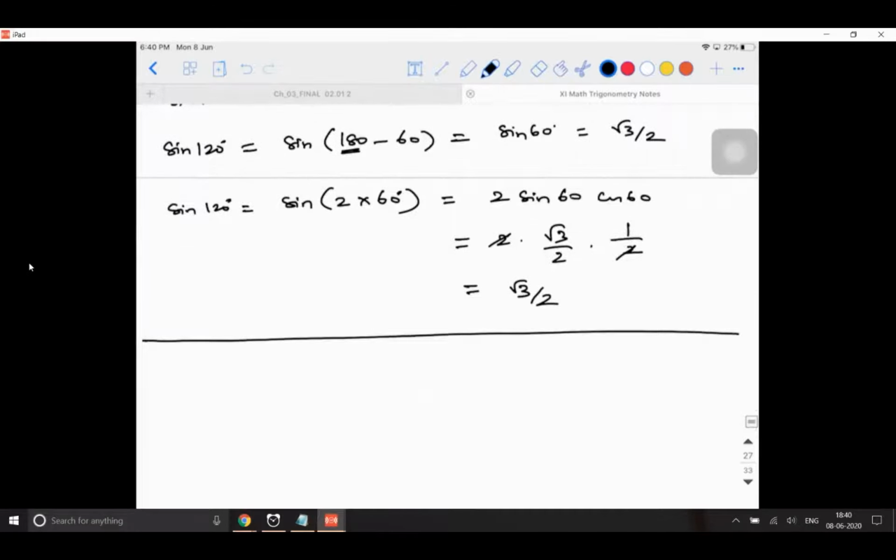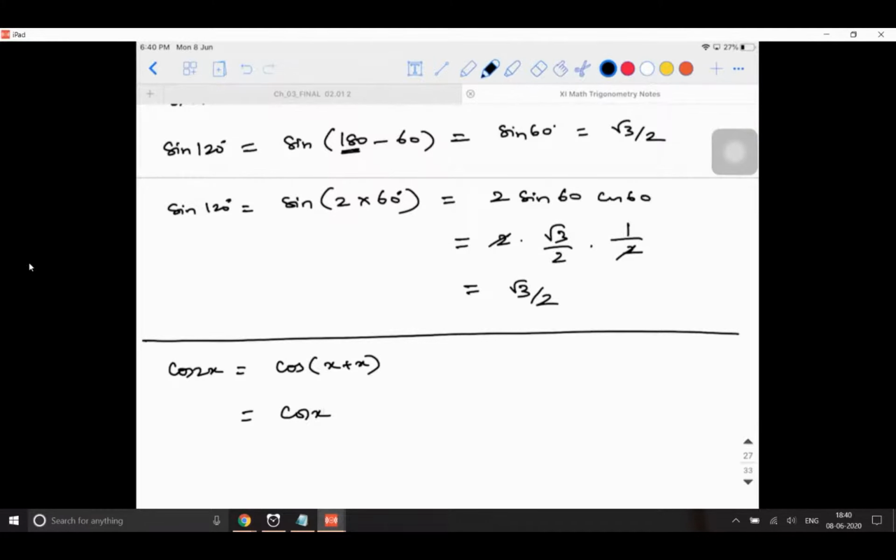Now what will be the next question, obviously? So cos 2x is what we are going to write. So cos 2x, how can I write it? Cos of x plus x. So what is the cos x plus cos y formula? You can check your notes and tell me. Here in the place of y, what should I write? x.